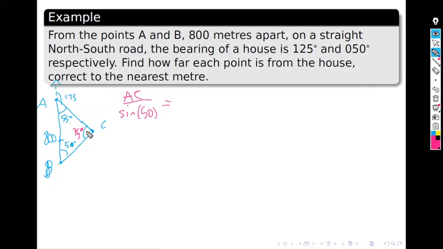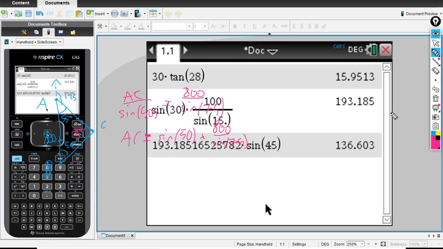Line AC, opposite angle 50, is equal to 800 on sine of 75. So AC is sine 50 times 800 on sine of 75. And we can just let our calculator do the arithmetic for us.